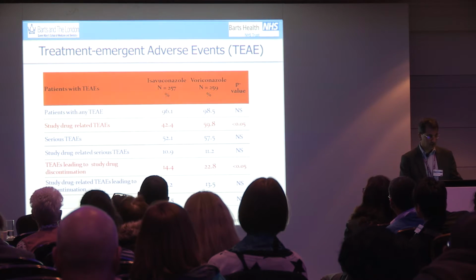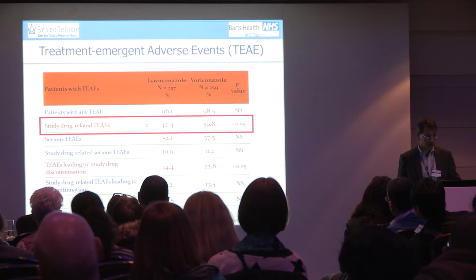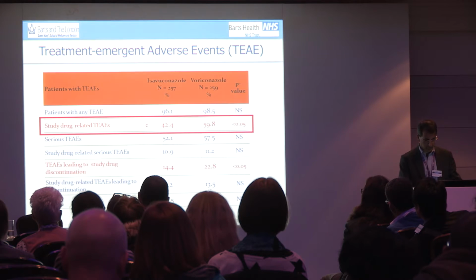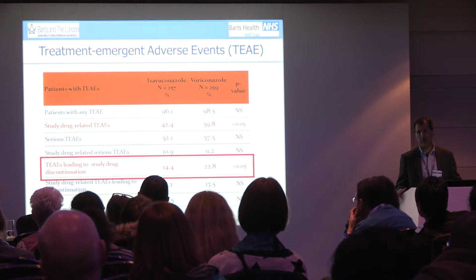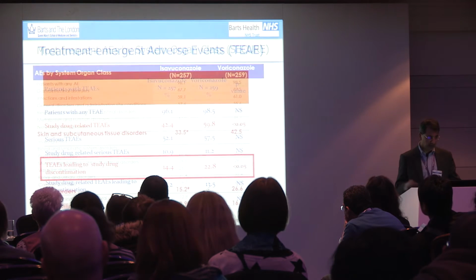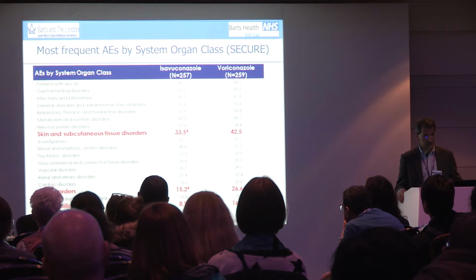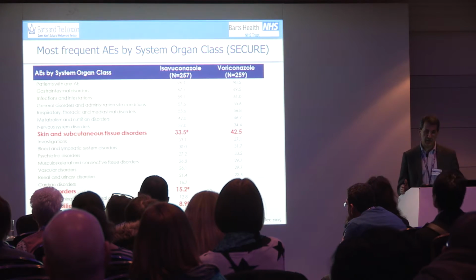So if you look at this table, then study drug-related adverse events were lower in isavuconazole, and similarly, drug discontinuation was lower in the isavuconazole arm. And rather in keeping with that is adverse events attributable to the medication.